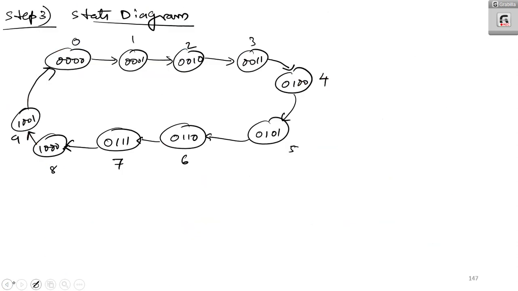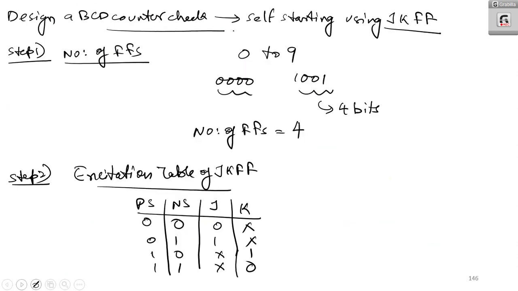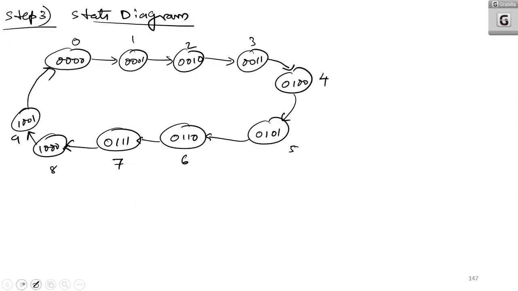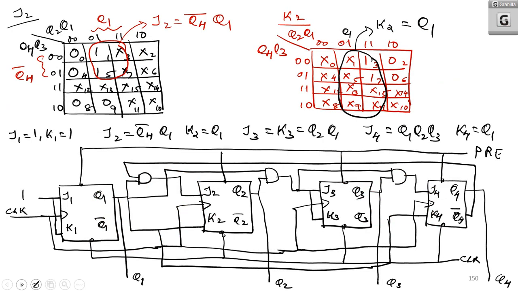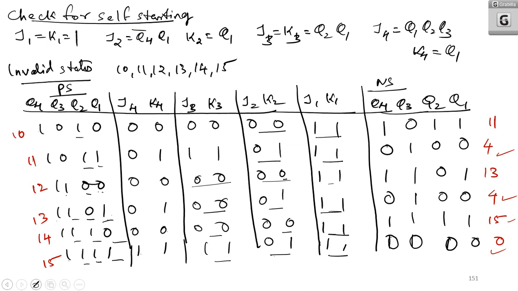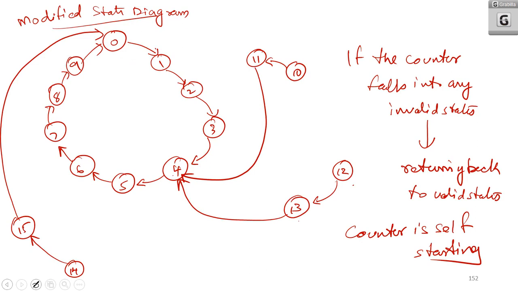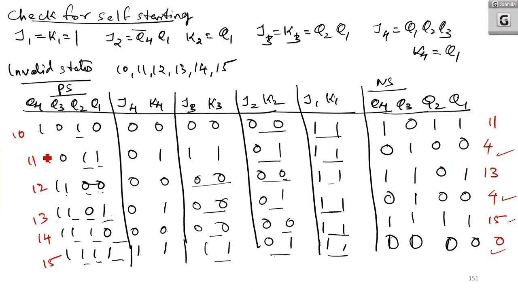Okay. So, to have a brief about this lecture. In this question, what is designed? A BCD counter is designed, and we have checked whether it is self-starting. So initially we have designed a BCD counter based on the JK flip-flop, and we have drawn the logic circuit. And after that, using the invalid states, we have found the present state and next state. We have found that if it is falling to 10, it will go to 11, and from 11 it will come back to 4.